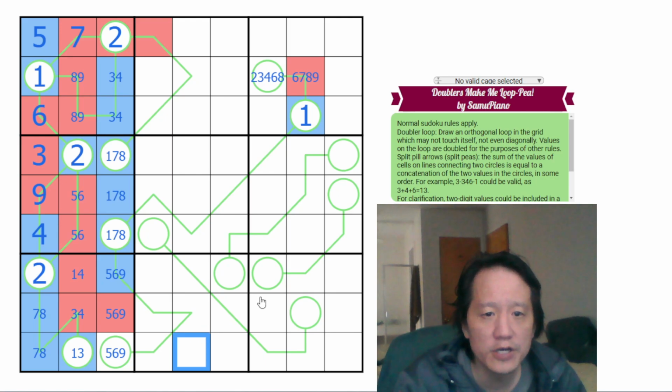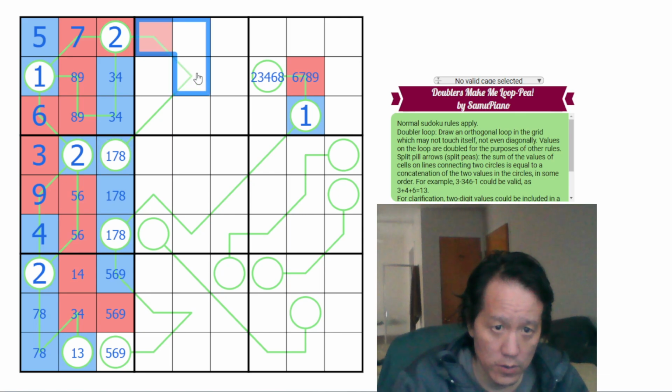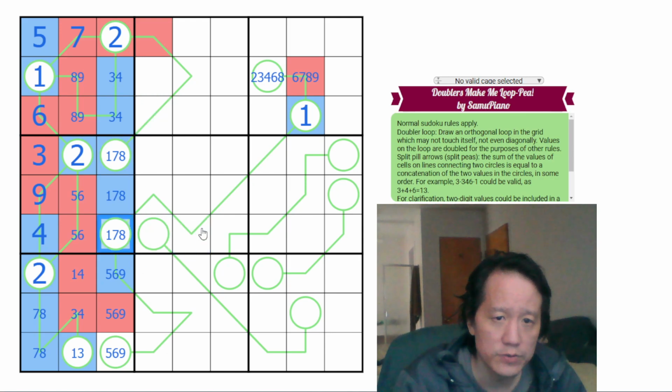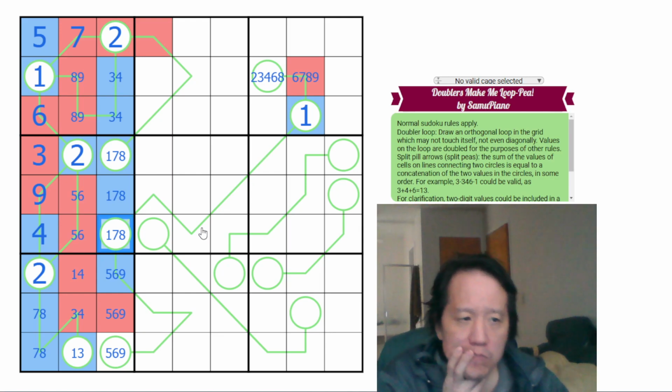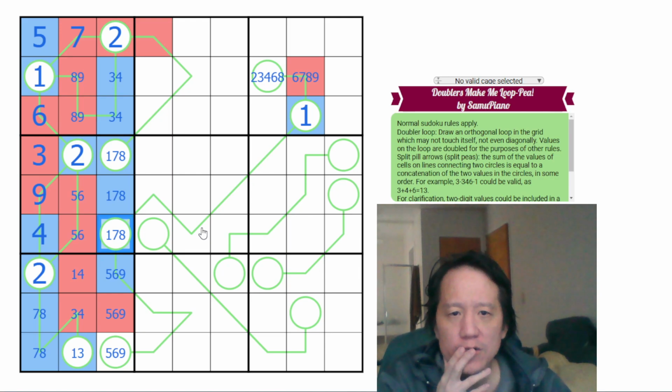So this could go down there. This is not doubled. This is not doubled. Can it? It could be 11. Seems reasonable.